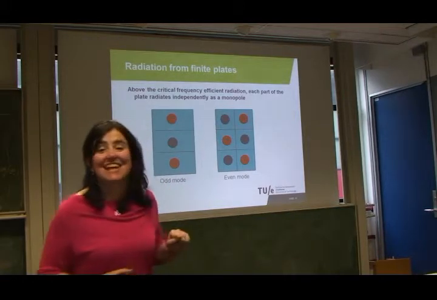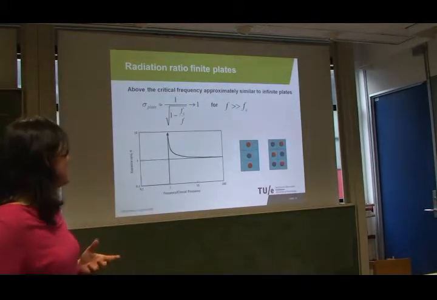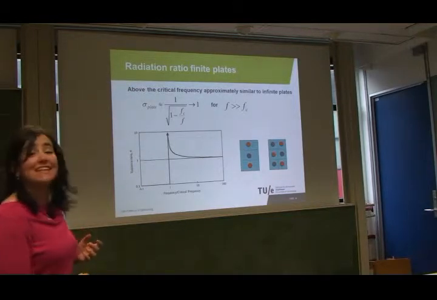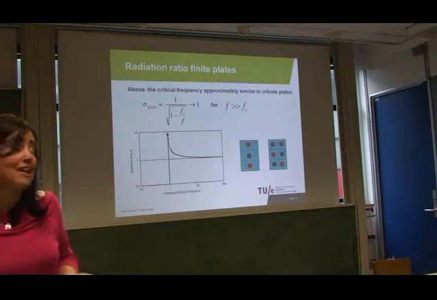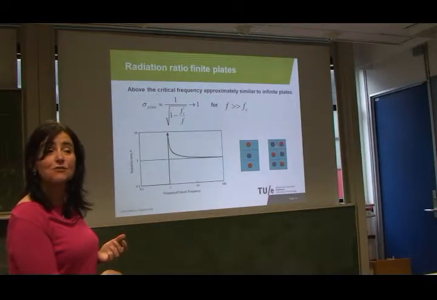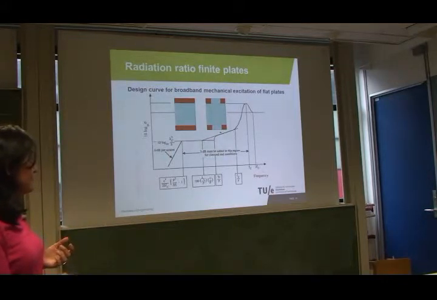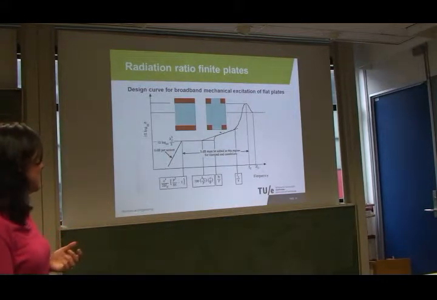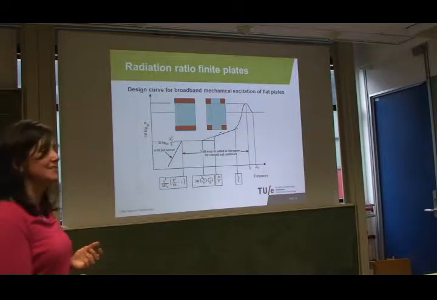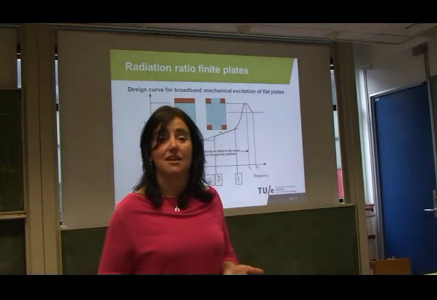And how does this translate into the radiation efficiency of the plate? Well, at high frequencies, we have roughly the same behavior as for infinite plates. And at low frequencies, we get very complicated curves, and there is no analytic solution for the sound radiation of plates.